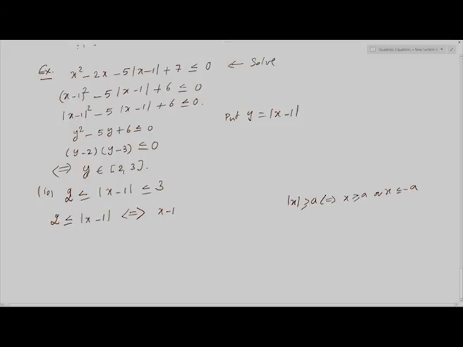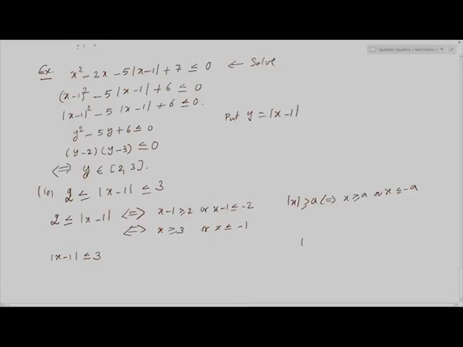So, 2 ≤ |x - 1| if and only if x - 1 ≥ 2 or x - 1 ≤ -2. This gives, if and only if, x ≥ 3 or x ≤ -1. Now, I take the other inequality, |x - 1| ≤ 3.